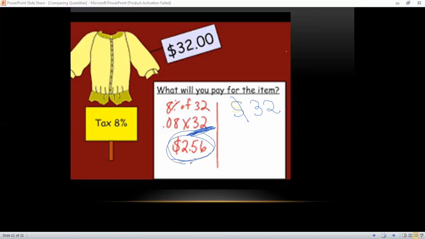So here the 8% is the tax which is applied to the value, to the cost of the dress. So this would be added to the cost of the dress, and the final bill is prepared as 34.59. So this is the final bill.